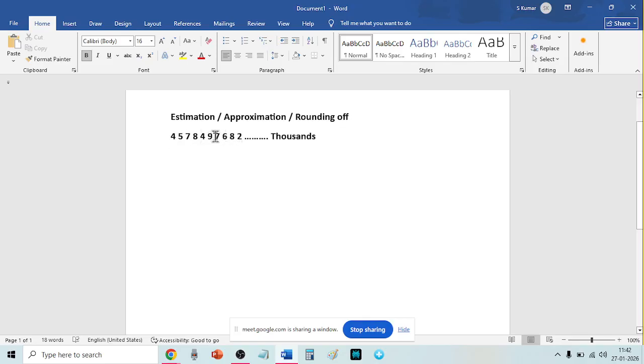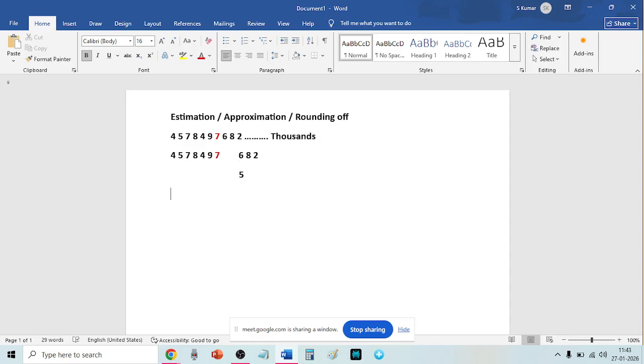There is a 7, and the tens digit. So when I copy this one, this is what I need and this is what I don't need. So again put 5. Where will you put it? Under 6. Under 6 you put 5.